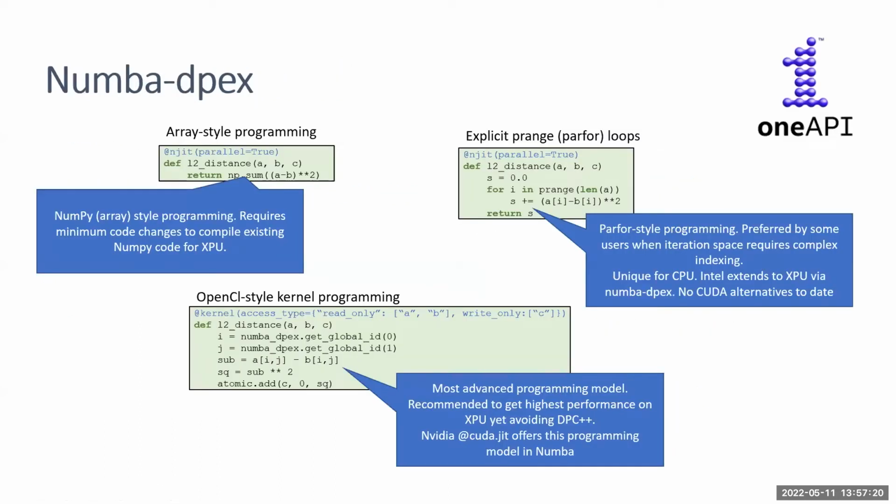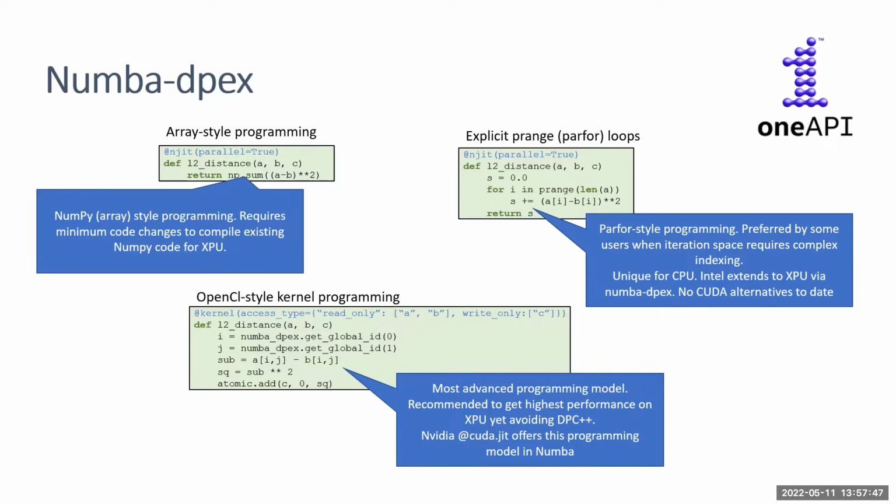So the main thing we can take away from the slide is what numba.dppy offers. Just to cover it briefly again. The first is numba.jit, which is array-style programming, called the automatic offload approach, where you're using NumPy.